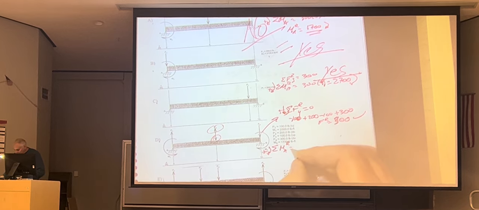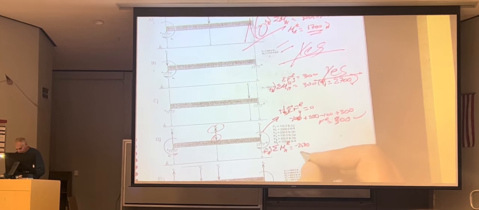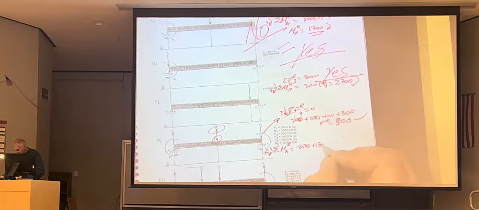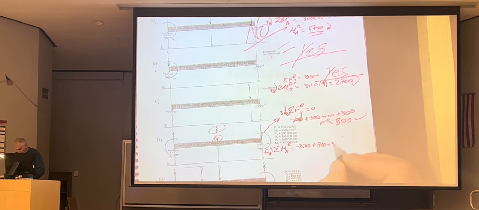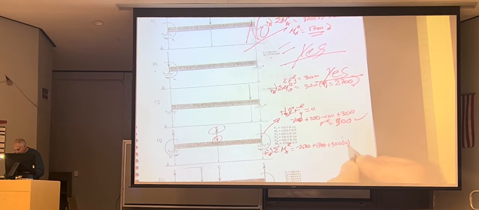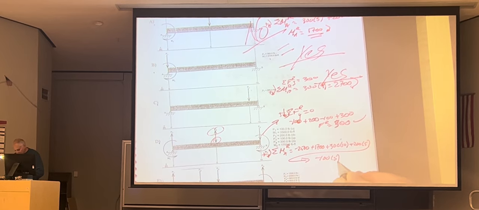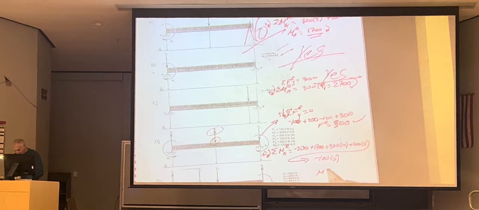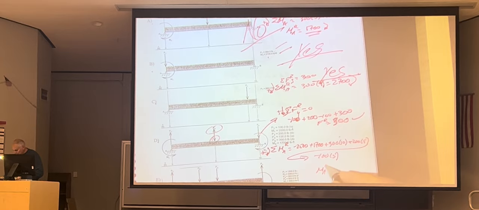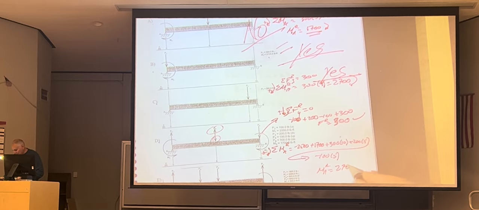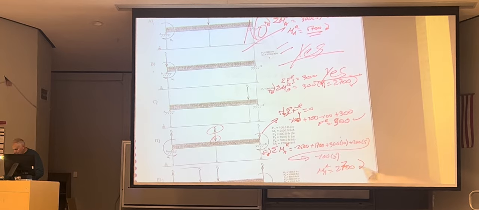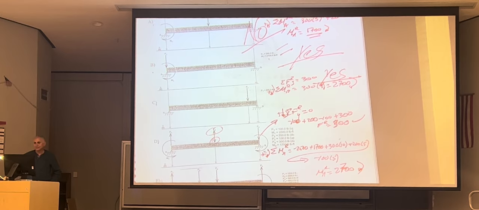That's going to be minus 2500 plus 1700 plus 300 times 10 plus 200 times 5 minus 100 times 5. Net result, moment A resultant is 2700 clockwise. Is it? Yes.